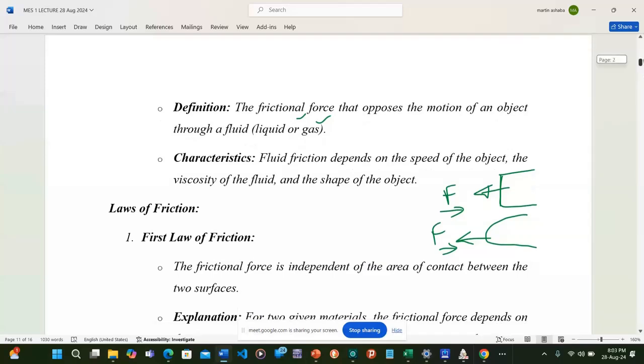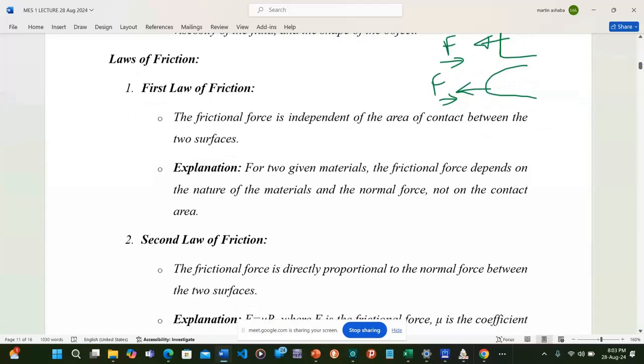Now, the other area that we need to tackle is the laws of friction. We know that frictional force is always independent of the area of contact between the two surfaces.